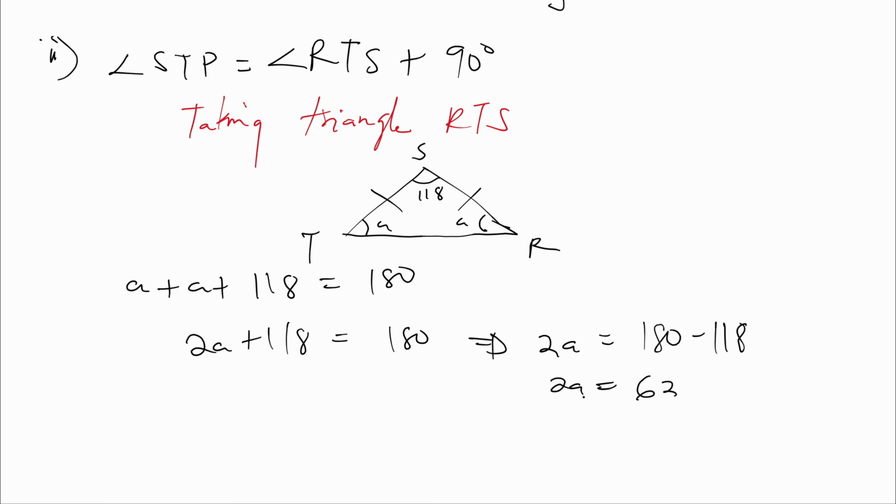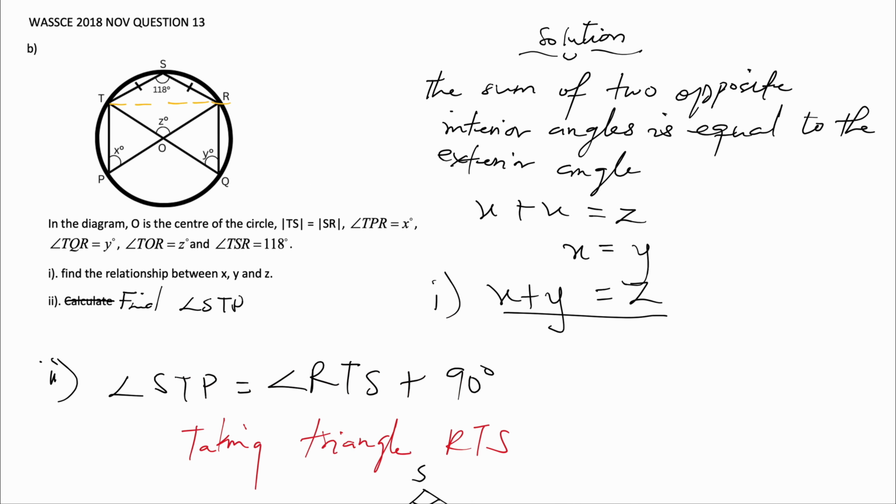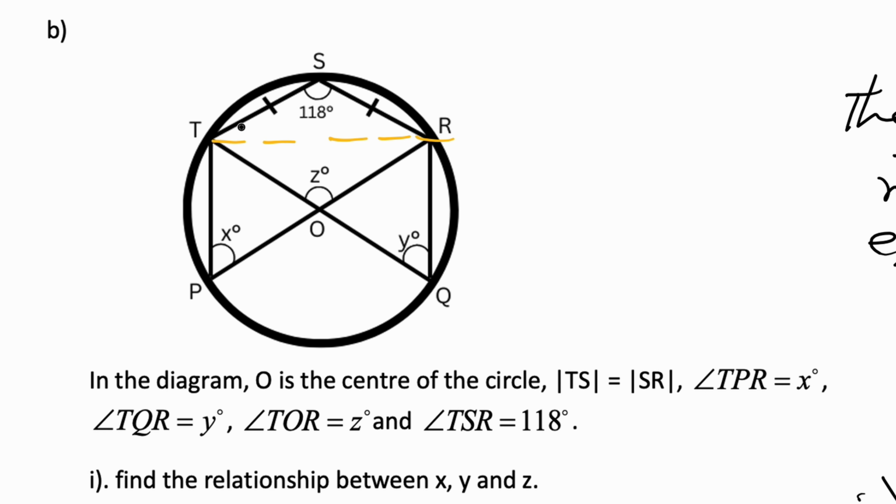So 2A is equal to 62. To find A, we divide here by 2, here by 2. 2 goes into 62 31 times. So our A is 31 degrees. So this side is 31 degrees and this side is also 31 degrees.